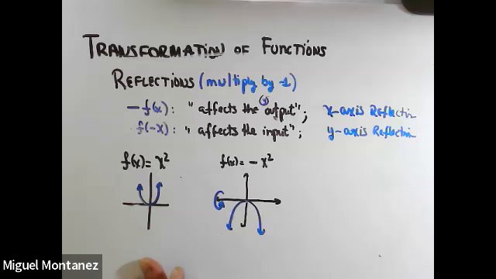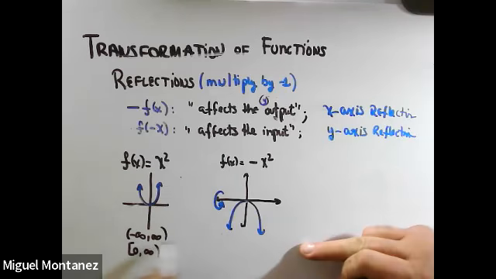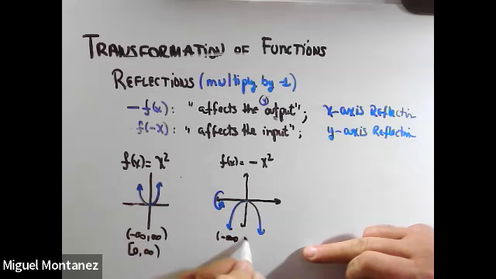Okay. So remember, the domain is all real numbers for both. The range here is from 0 to infinity. So the domain is negative infinity to infinity, the range bracket 0, infinity. Here the domain is the same, negative infinity to infinity.